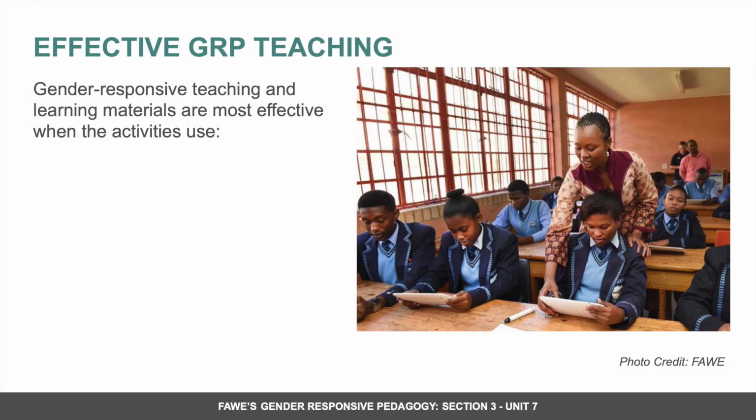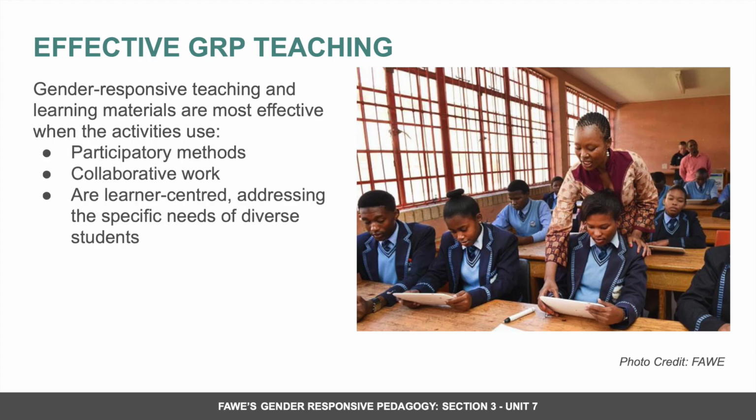Gender responsive teaching and learning materials are most effective when the activities use participatory methods, collaborative work, and are learner centered, addressing the specific needs of diverse students. Using a variety of methods to engage multiple intelligences and diverse learning styles helps students with different learning needs participate more fully.